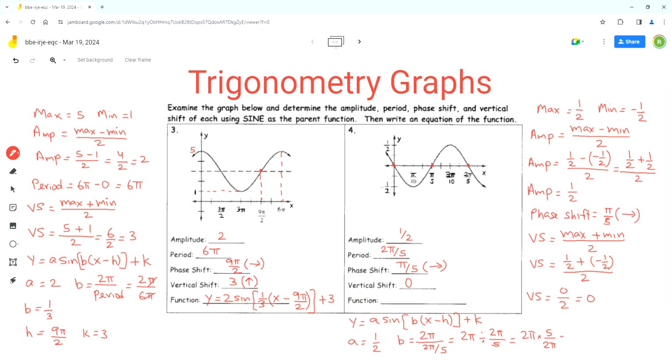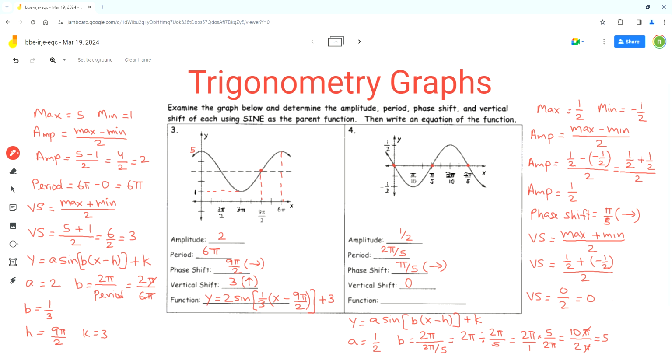When we multiply them, we multiply 2 pi by 5 because the denominator of 2 pi is 1. And when we multiply fractions, we multiply the numerator terms and we multiply the denominator terms. So we get 5 pi over 2 pi, which can be reduced to just 5, because the pi's cancel each other out and 10 over 2 is equal to 5.